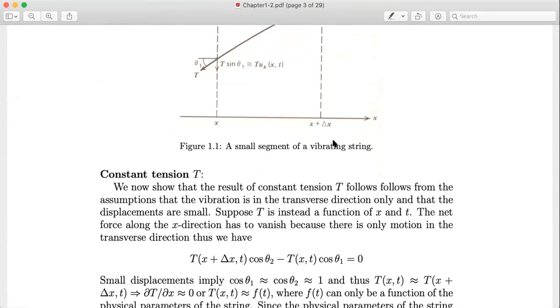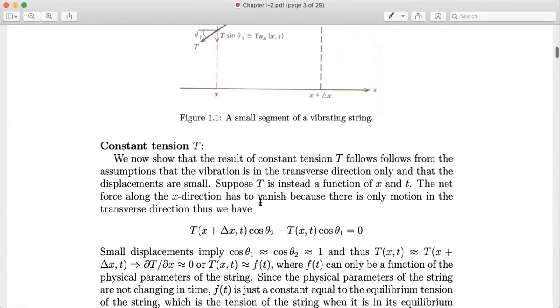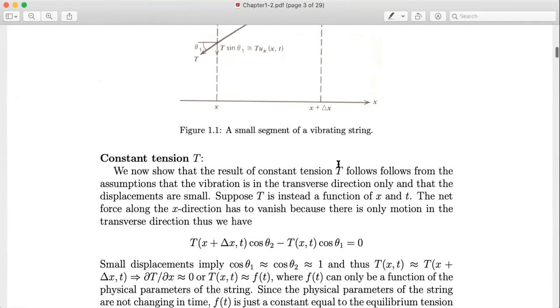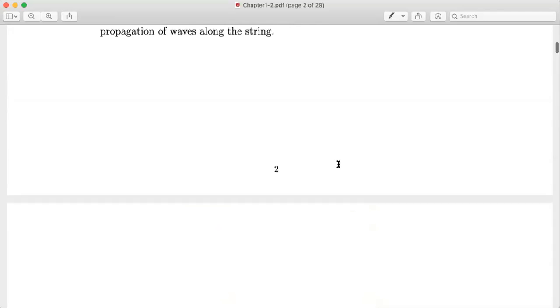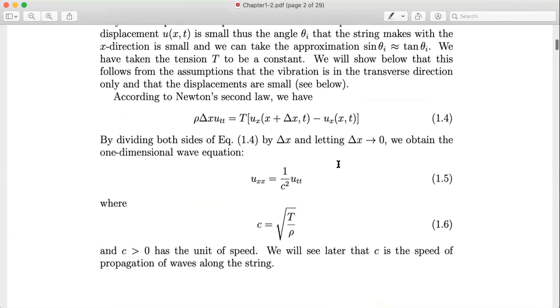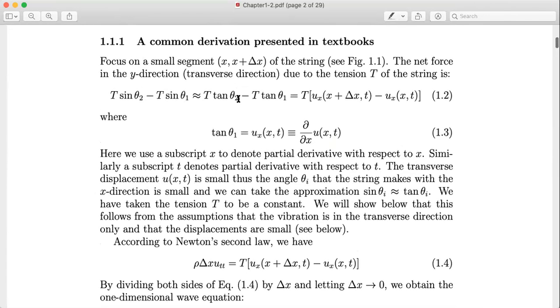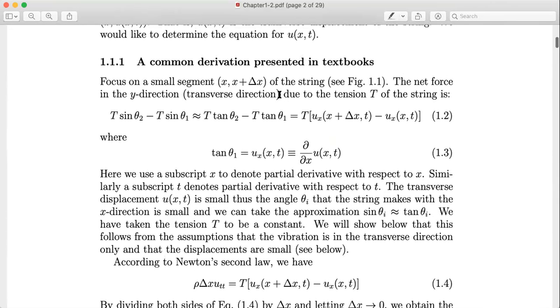Now I'll just continue with this equation and then switch to the whiteboard to explain. What are the assumptions made in deriving this wave equation? We assume the theta to be small, so it's small displacement. And another is we only allow the vibration to be in the transverse direction.